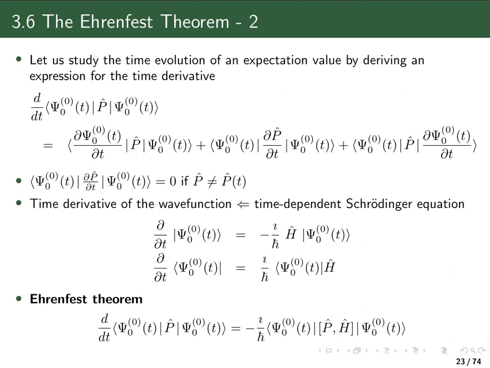Now we can insert this one over here and that one over there, and you can see both terms are very similar. Here we get H times P, and here we get P times H, and then we have a change in sign, so we can combine the two in one commutator, as I have done in the last expression there.